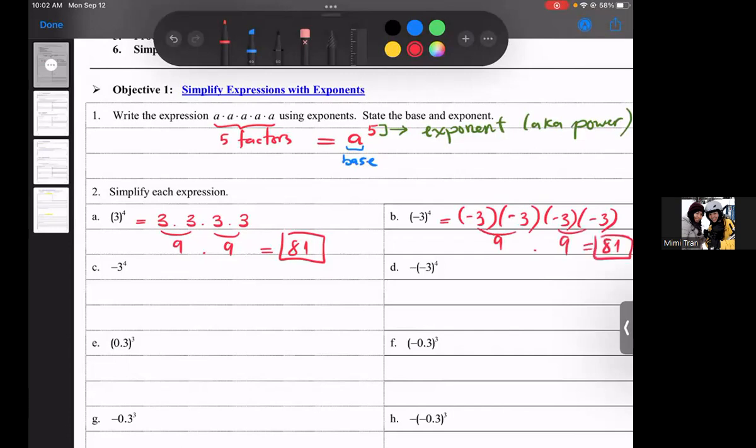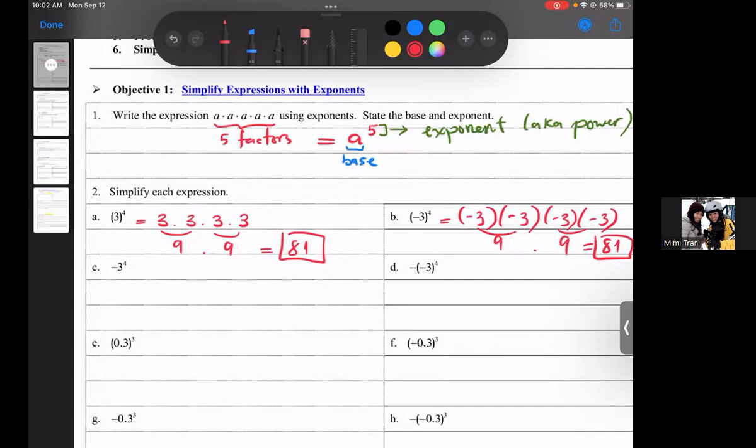In short, if you have an even power, and of course you have to have a parenthesis around the number, then the negative value turns into a positive. Because like I said, if you have 2 negatives, it becomes positive. You have 3 negatives, it becomes negative.